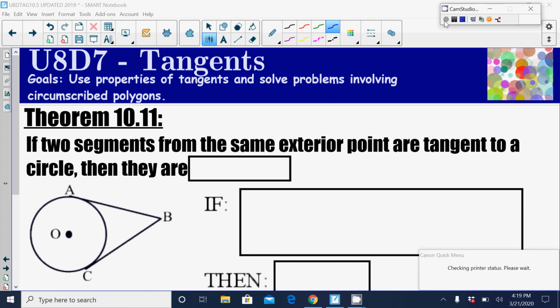Okay, next theorem says if two segments from the same exterior point are tangent to a circle, then they are congruent.